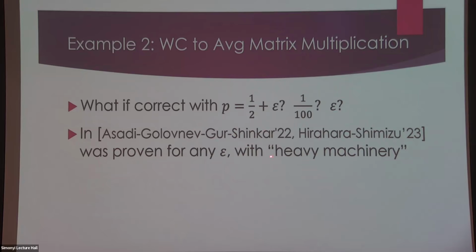And recently-ish, in the last 3-4 years, with a lot of quite heavy additive combinatorics, additive number theory works, people managed to show that you can actually do the same for any constant epsilon, with a rather poor dependence on epsilon, but you can do the same for every epsilon.